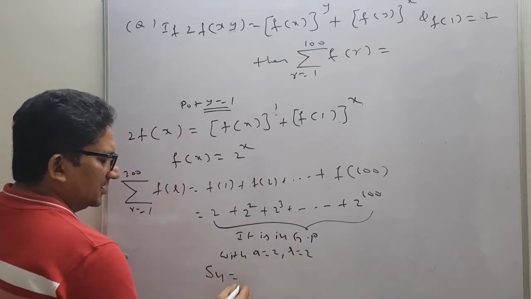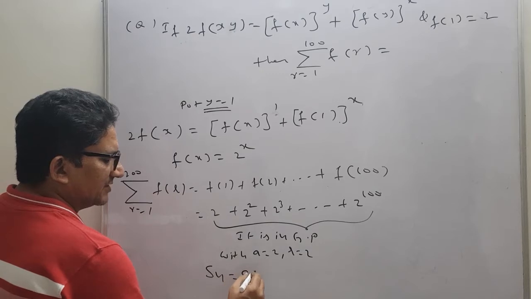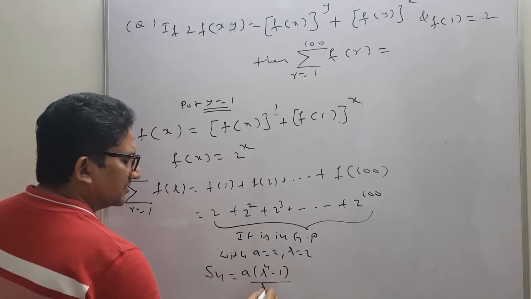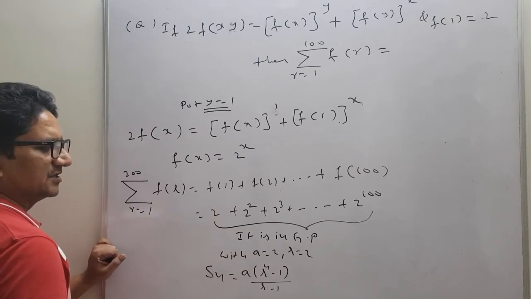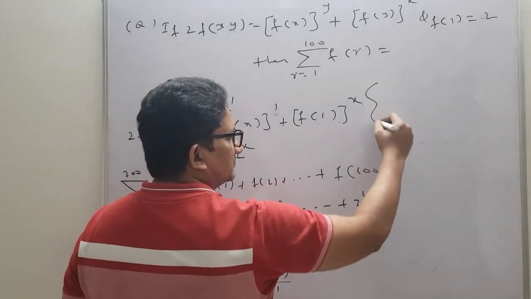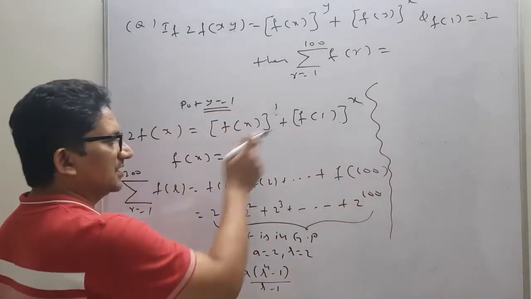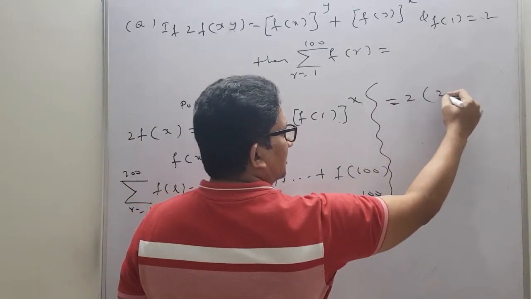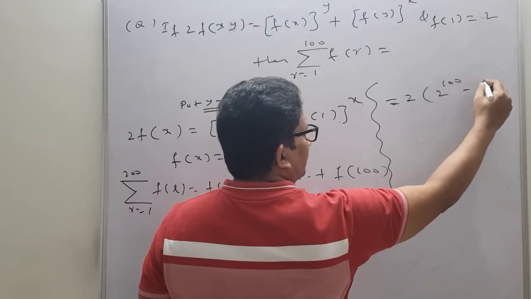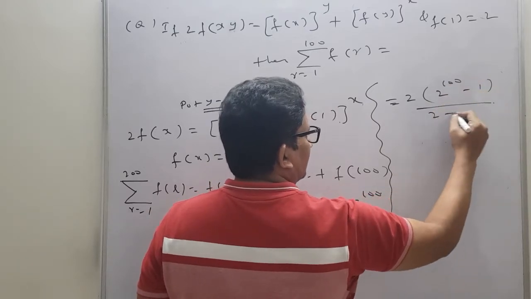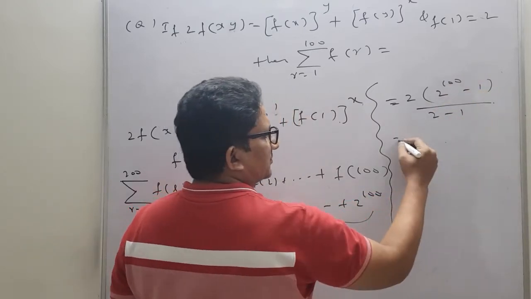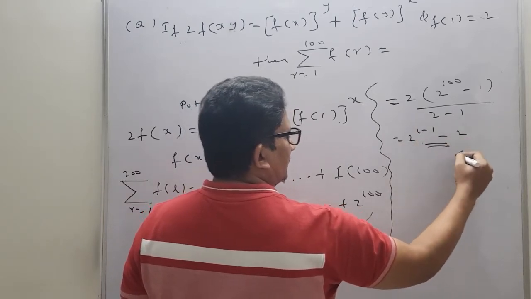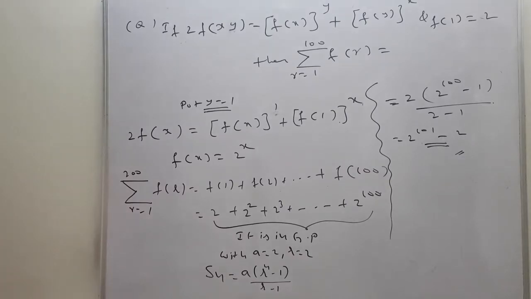We know the sum up to n terms of a GP is a into r to the power of n minus 1 divided by r minus 1. So this sigma equals 2 into 2 to the power of 100 minus 1 divided by 2 minus 1. So we can write simply 2 to the power of 101 minus 2, that is your result.